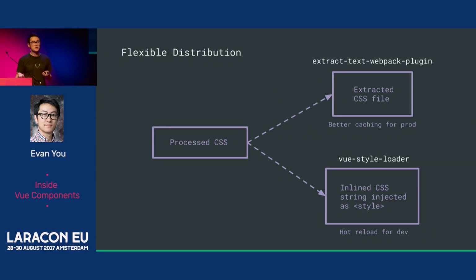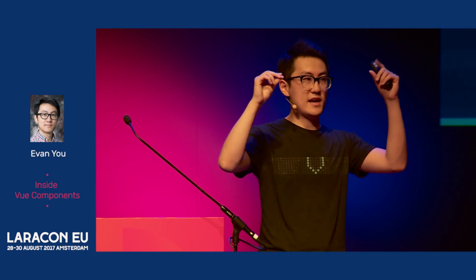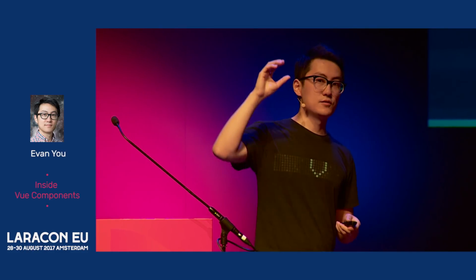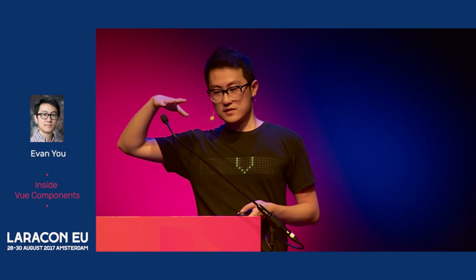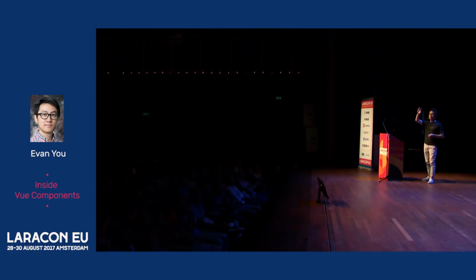But there's another strategy, which is leveraging the runtime behavior. We can inline all this processed CSS in your JavaScript bundle as just strings. And then when your JavaScript bundle runs, we dynamically inject this CSS as style tags into the head of your document. The advantage of this is that because they are individual style tags, we can update them dynamically.